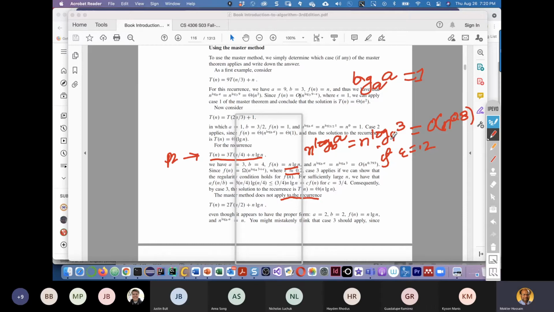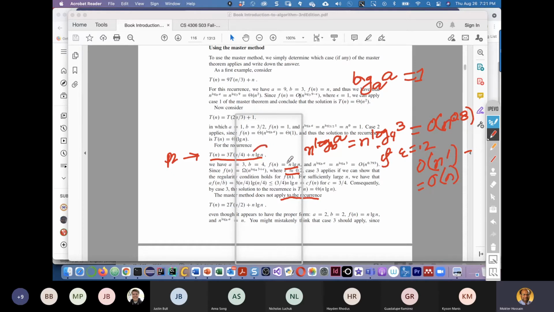We add up 0.8, then we will get theta of, or big O of, n to the power 0.8 plus 0.2 equal to 1. That is big O of n. But our f(n), what is that function? n log n, right?